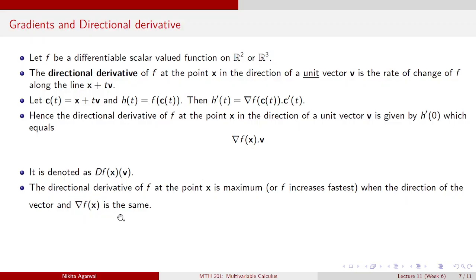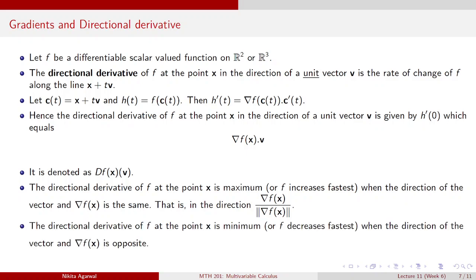So the directional derivative of f at the point x is maximum when the direction of v is the same as the direction of gradient, right? And when will it be minimum? It will be minimum when cos theta is minus 1, which means theta is 180 degrees or pi, which means that they are in the opposite direction, right?